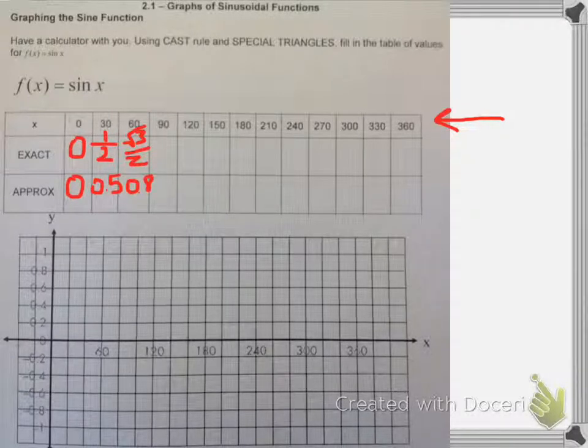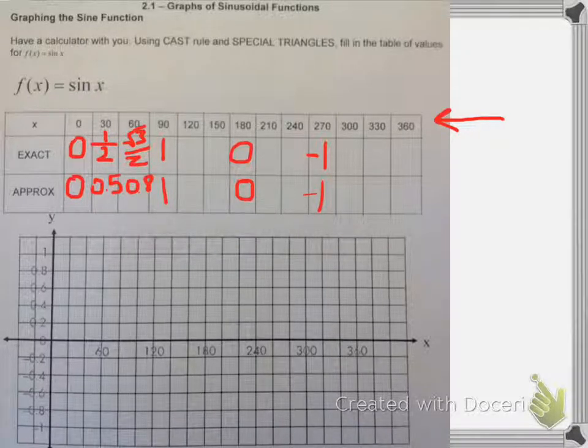Sine of 90. You remember that from grade 11. The sine of 90 is 1. So we know the approximate is also going to be 1. The sine of 180. Sine of 180 is 0. We also have a 0 here. Sine of 270. Sine of 270 is going to be negative 1, as is the approximate answer. So keep going.